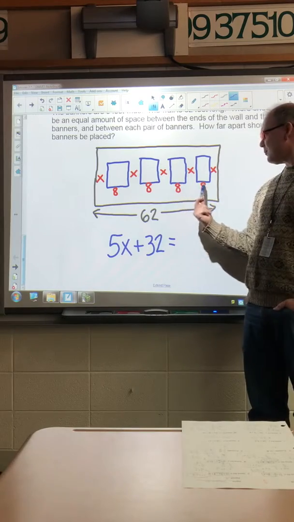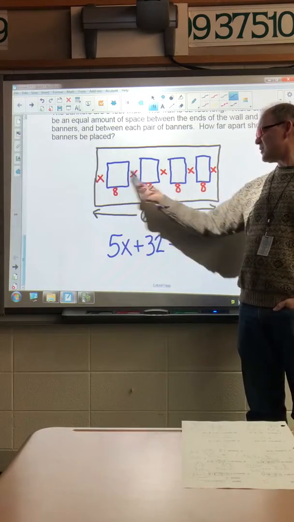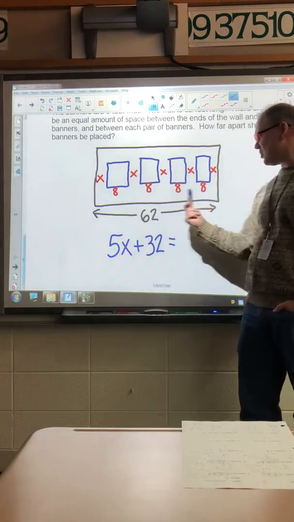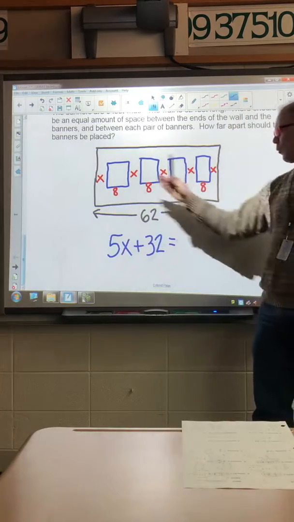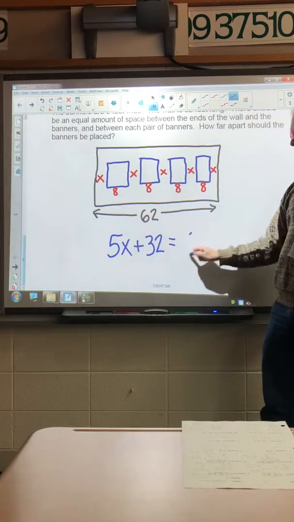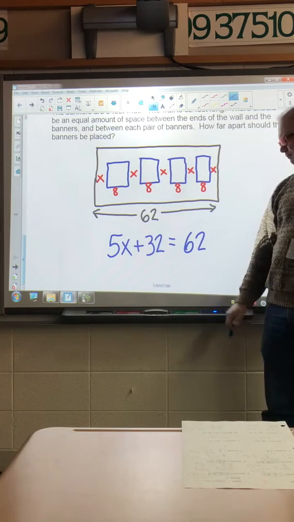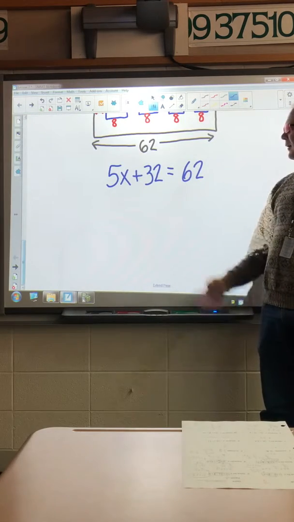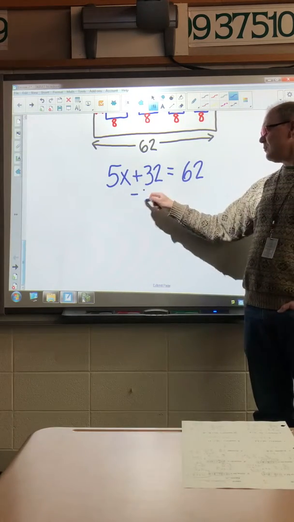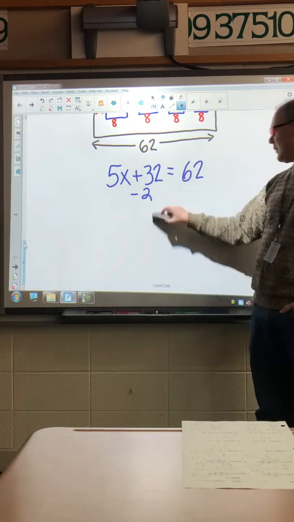So adding up 32 plus 5x, that should all total the total length of the wall, which is 62. And solving that equation, we should all be good at that by now.